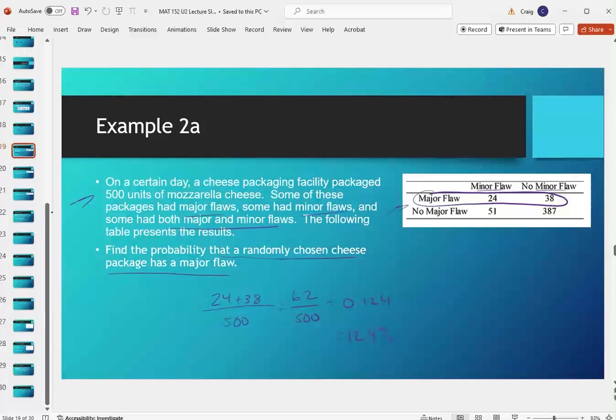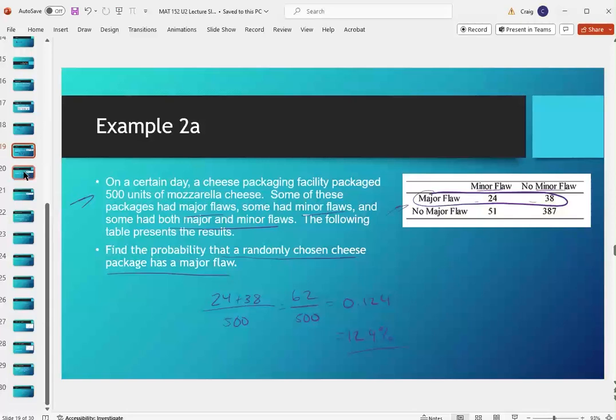And so the probability that you choose one of those packages that has a major flaw is 12.4%. And of those major flaws, they either have a minor flaw or they don't.